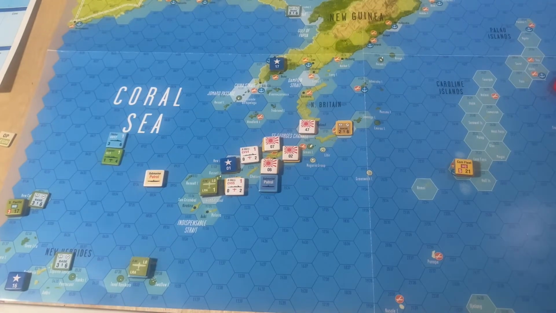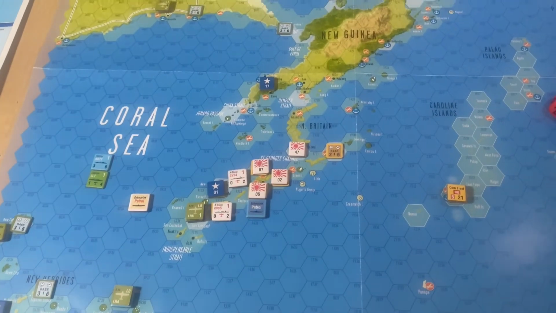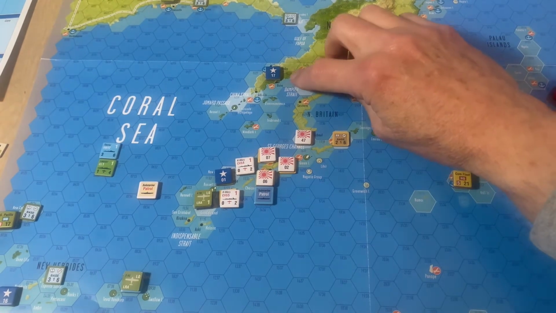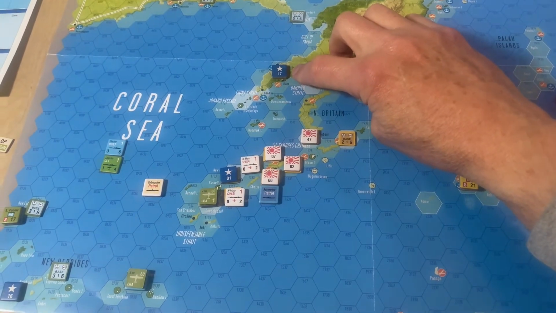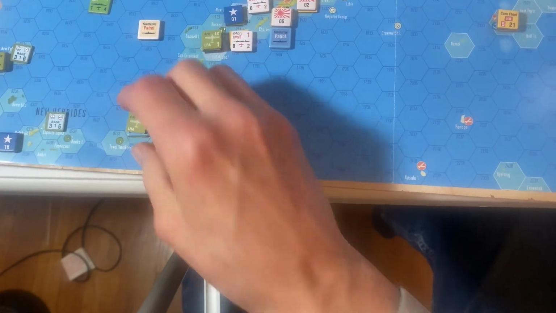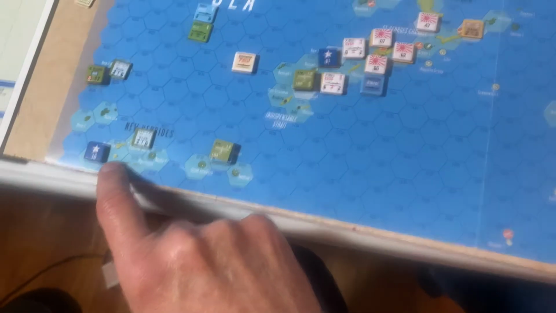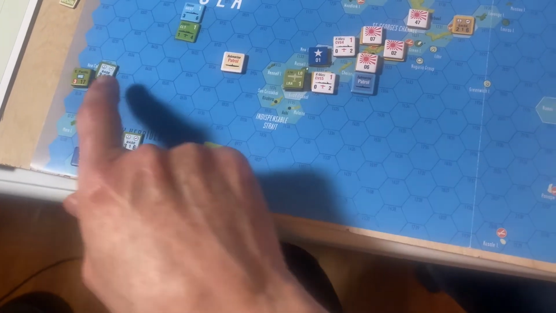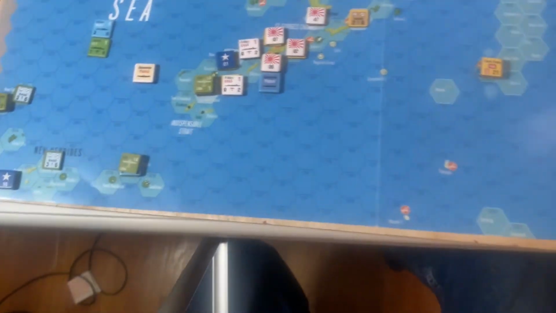Beginning of August, we have some ships here. There's the seaplane tender as usual. There's actually a couple of CVEs here, and then the main forces over here.